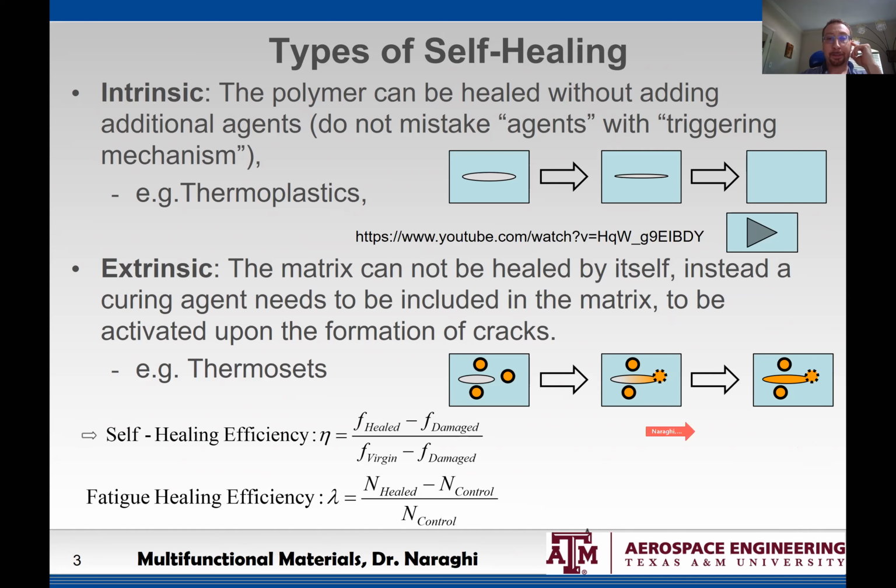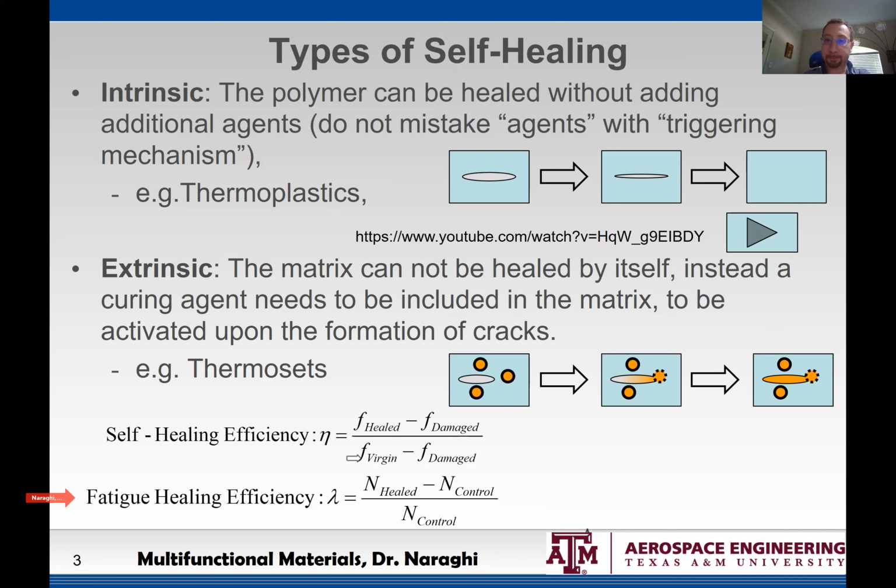We identify self-healing efficiency as this. There are two ways we can define self-healing efficiency. One is the ratio of a property of the healed material, the change in a certain property of the healed material with respect to the damaged property, compared to the case before any damage was incurred to the material.